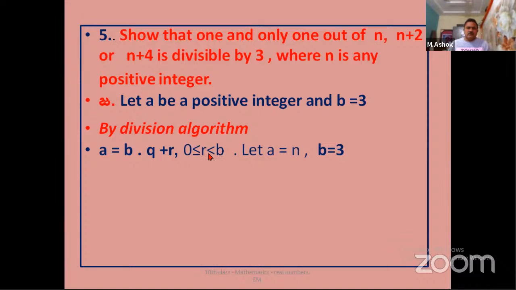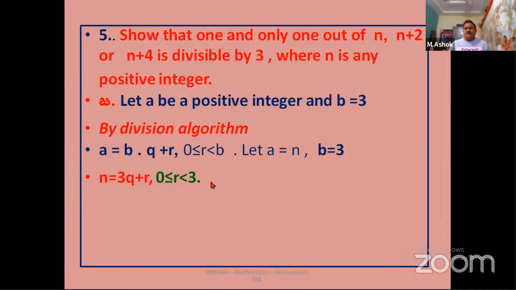We have taken a equal to n and b equal to 3. Substituting these values, n equals 3q plus r, where 0 is less than or equal to r, less than 3.